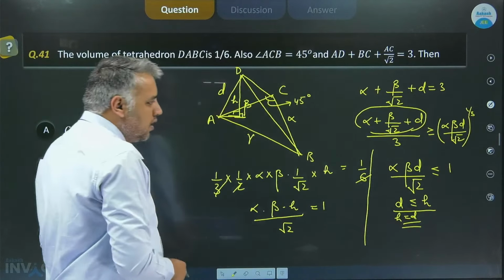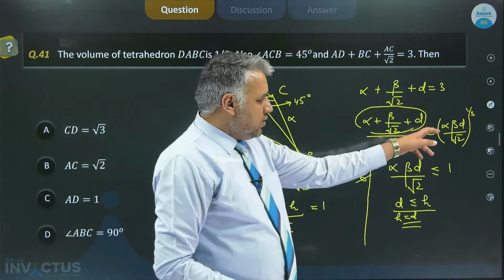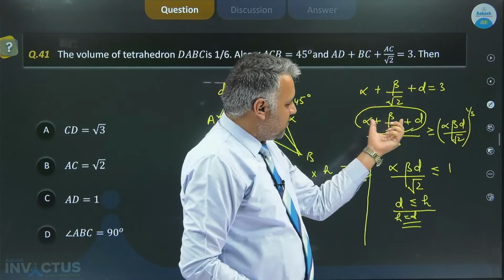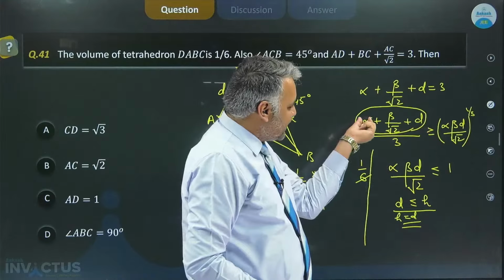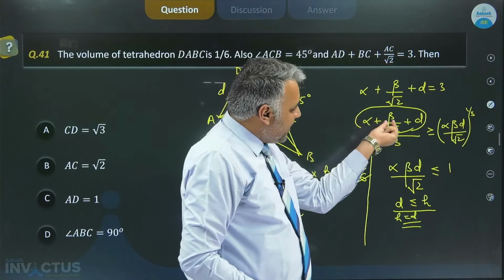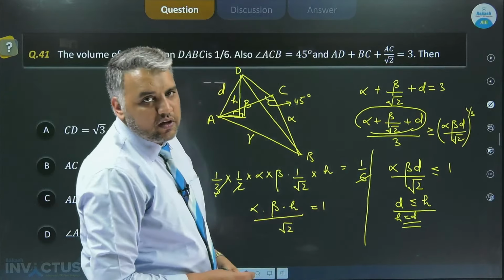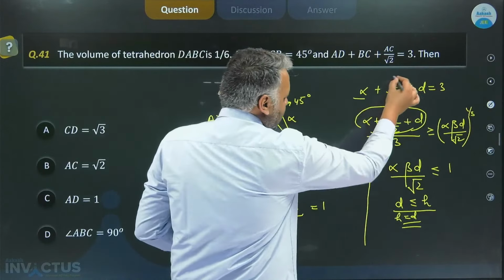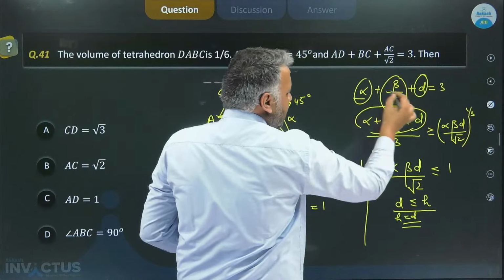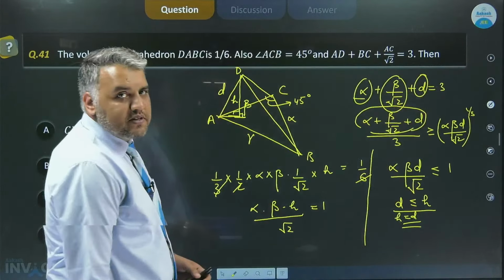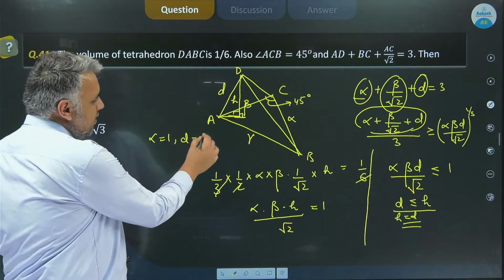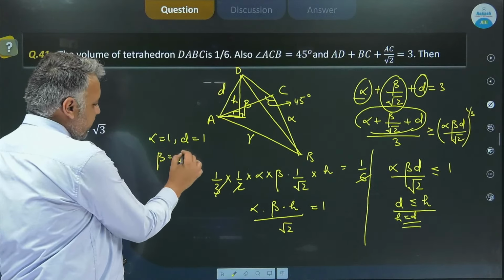These are equal, so this equality must hold. If this equality holds in AM-GM, then we can say that these values are equal. Then only this equality will hold. So these all three quantities are equal to 1. These are equal and their sum is 3. So that means alpha is 1, D is 1 and beta is √2.